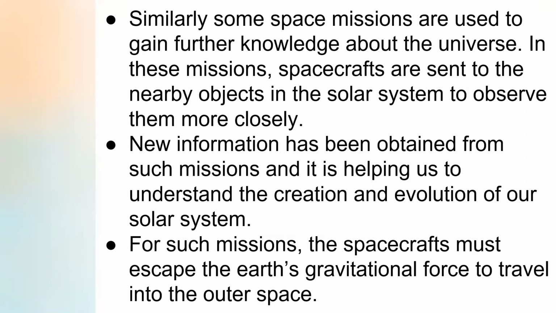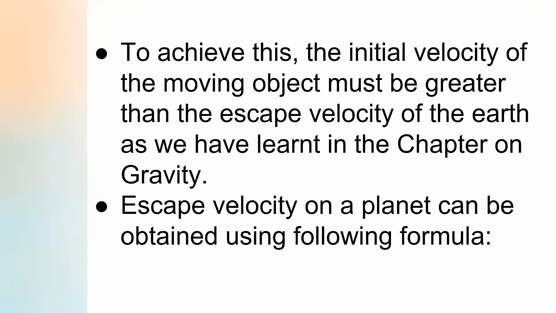For that purpose, it should have much more velocity so that it can escape the Earth's gravitational force. Otherwise, Earth's gravitational force will not allow the object to go outside. To achieve this, the initial velocity of the moving object must be greater than the escape velocity of the Earth, as we learned in the chapter on gravitation.